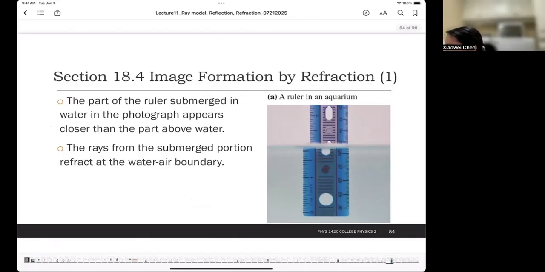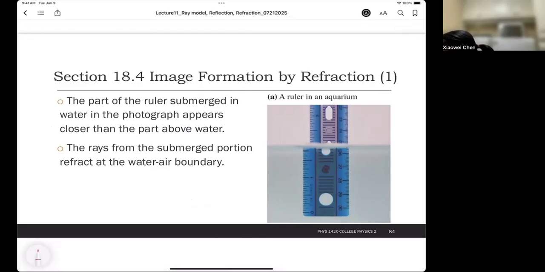Image formation by refraction. You can see there is a ruler in an aquarium, and the part of the ruler submerged in water in the photograph appears closer than the part above the water. This part is closer to us, and this part is further.